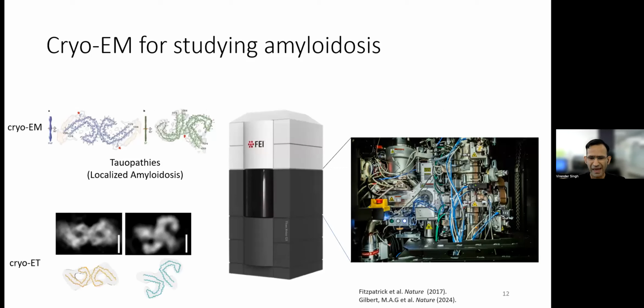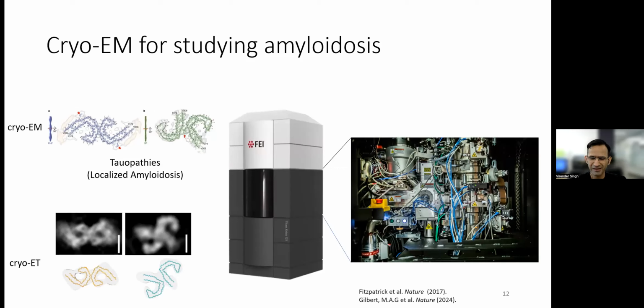Currently our lab is heavily using cryo-EM. Based on the published reports, starting with the tau amyloid structure in 2017 through the validation of those structures using cryo-ET in 2024, we now know that cryo-EM can definitely be used to study amyloidosis.